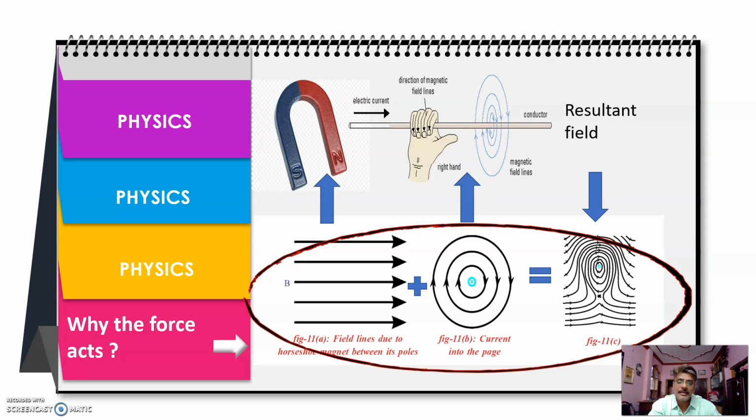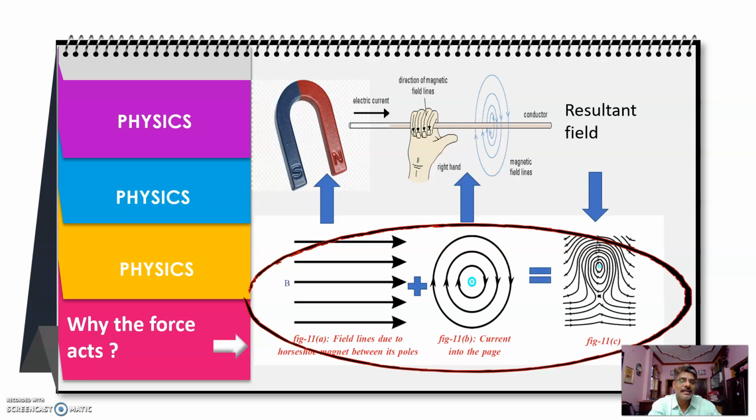Here on the left side, the straight lines, that is arrow marks, are due to the horseshoe bar magnet, and the concentric circular magnetic field in the middle is due to the current carrying conductor, and you can simply apply the right hand thumb rule to decide the direction of the magnetic field, and the right side one is the resultant of all these two magnetic fields.